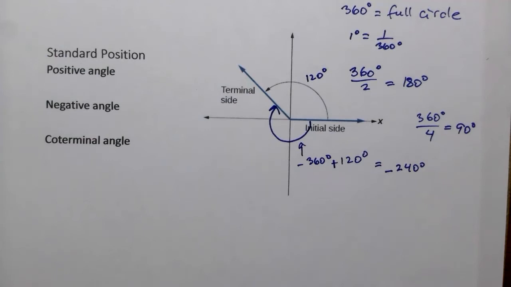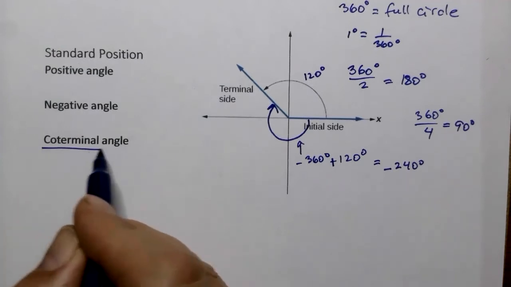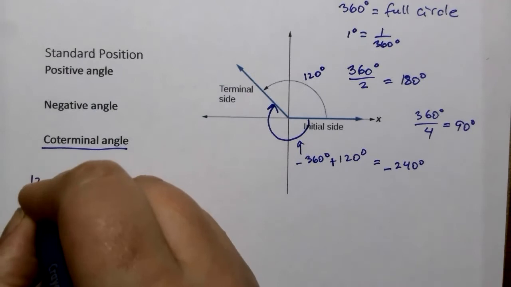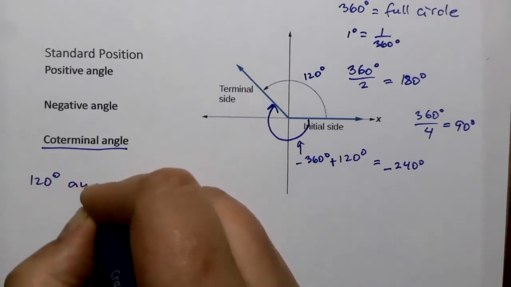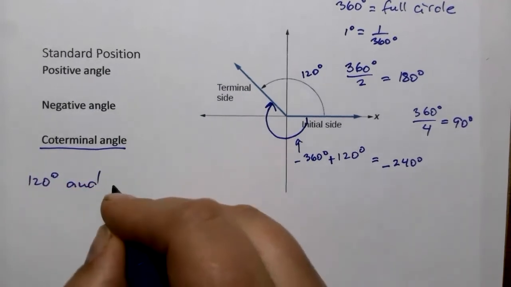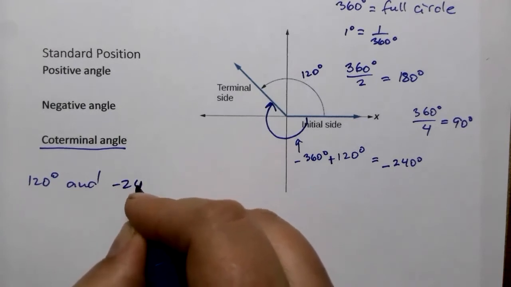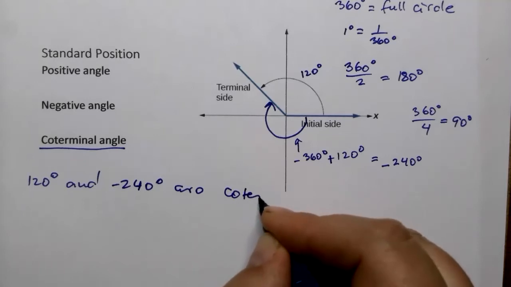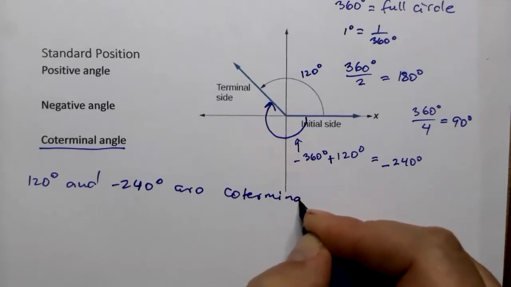And these angles have a special name, they're coterminal angles. So 120 degrees and negative 240 degrees are coterminal angles.